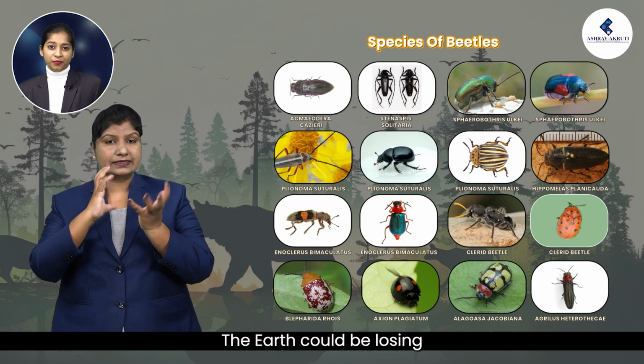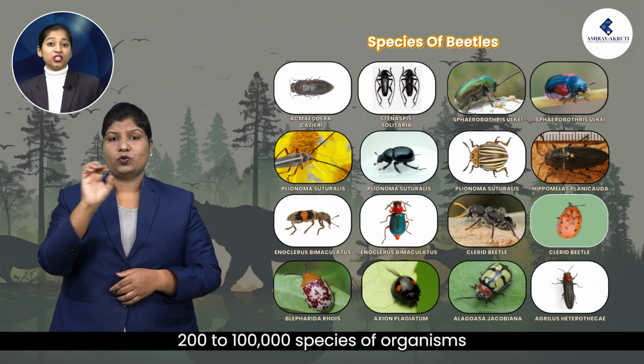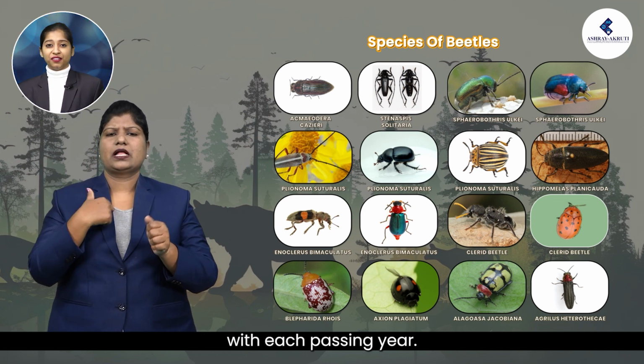The earth could be losing 200 to 1 lakh species of organisms with each passing year.